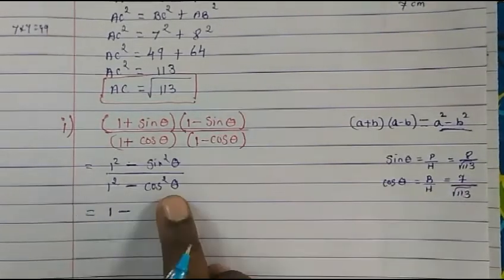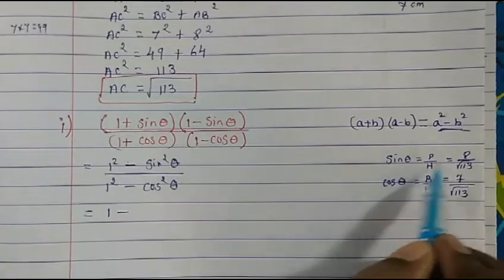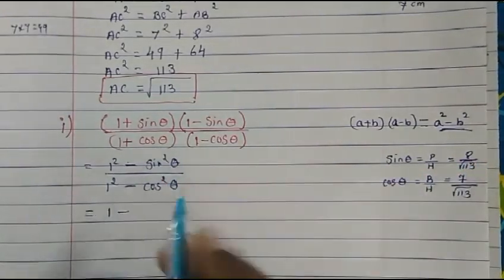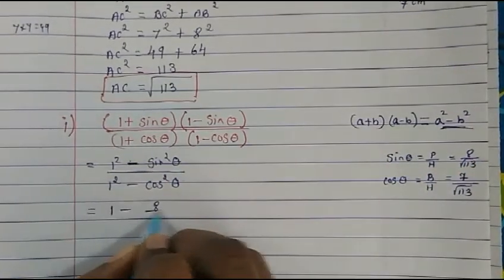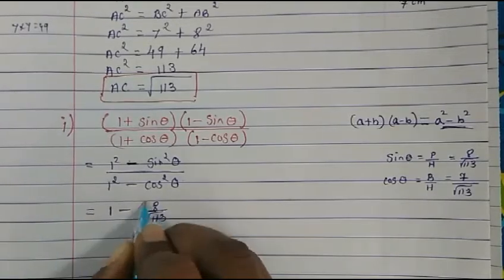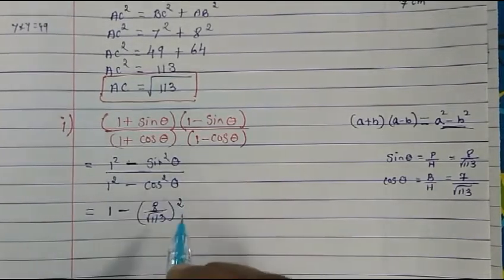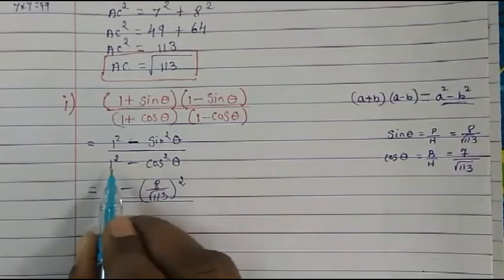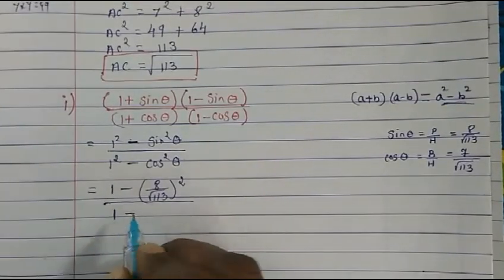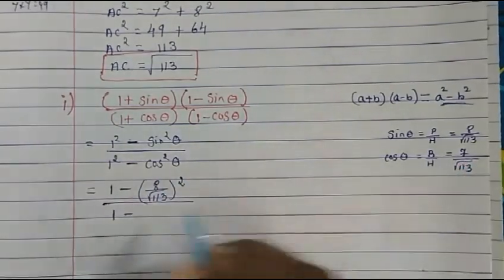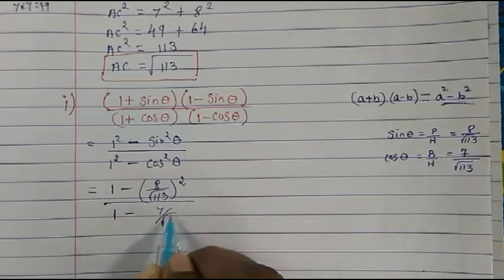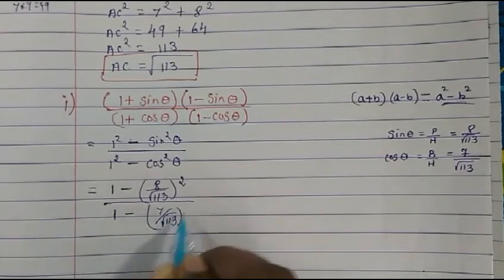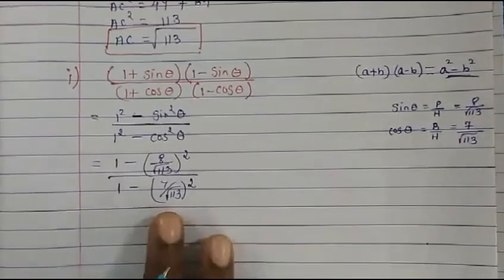So can we put that value here? Sine theta we know, this is the value, and square is there. So 8 upon under root 113, whole square. Same way 1 square will be 1 only, and this cos value is 7 upon under root 113, whole square. Is that clear?